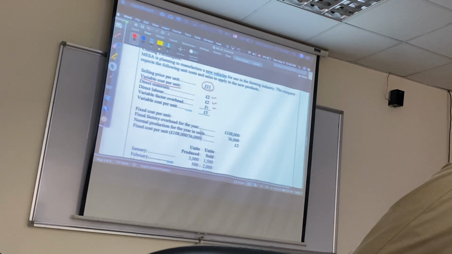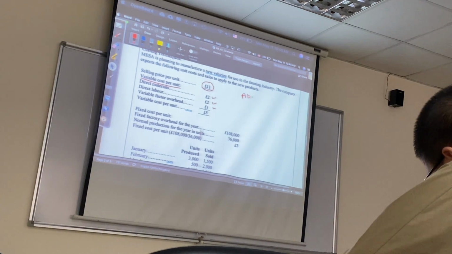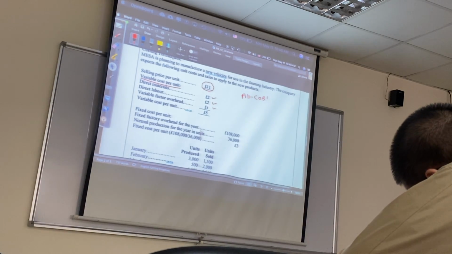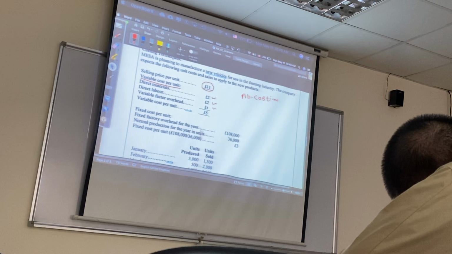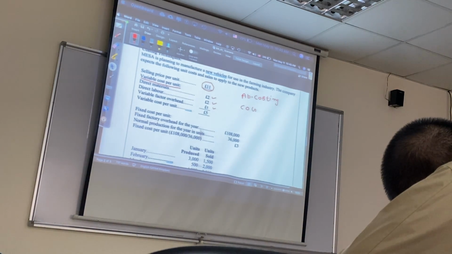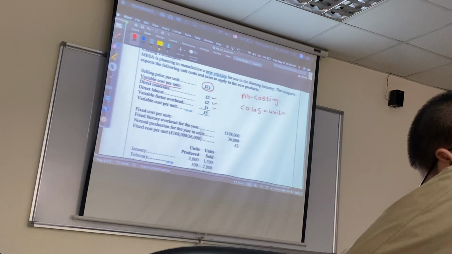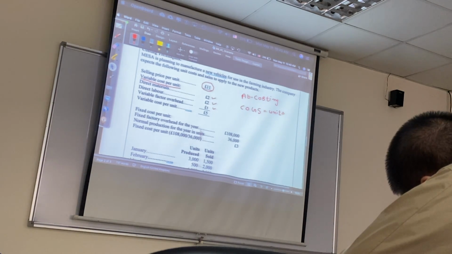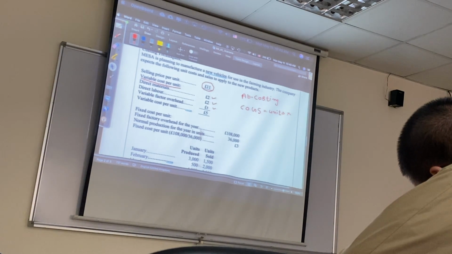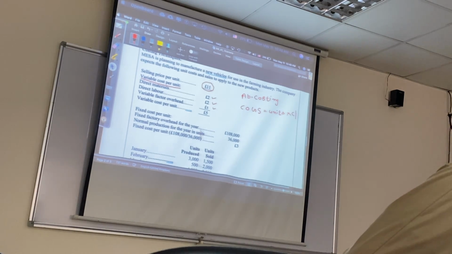So remember, if you are calculating absorption costing, when you calculate cost of goods sold, you need units, which is opening plus material less closing, multiply by cost per unit, total cost per unit.